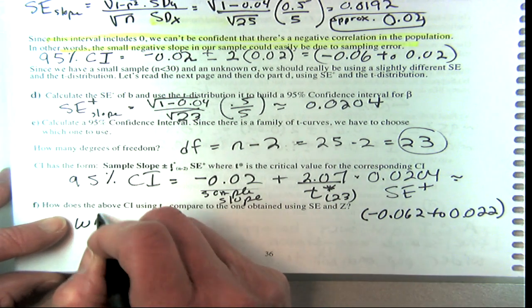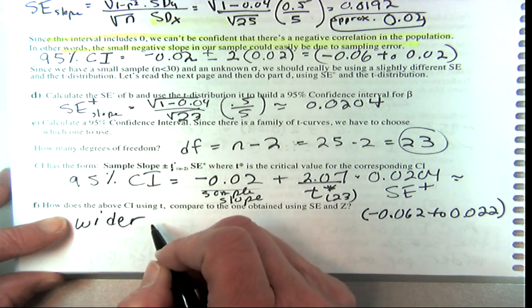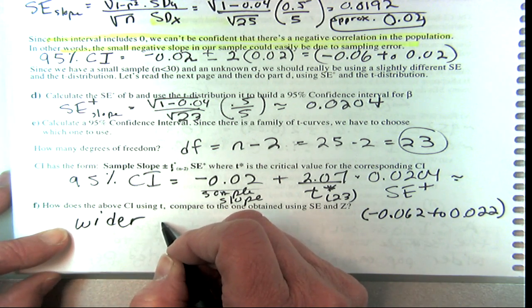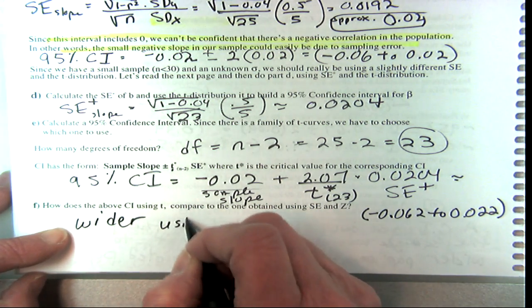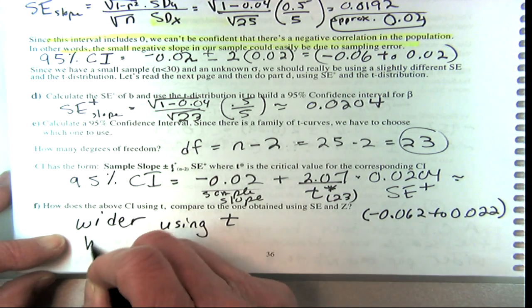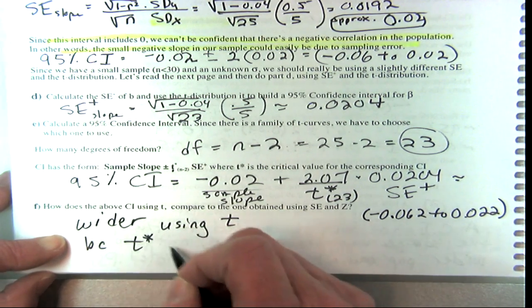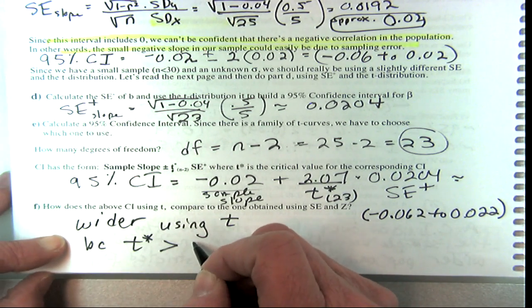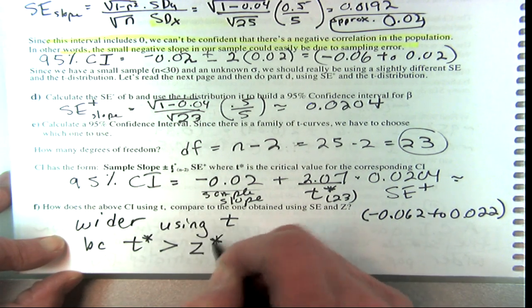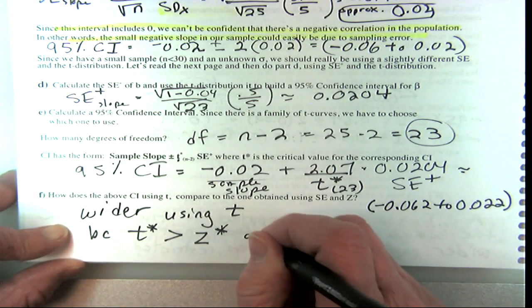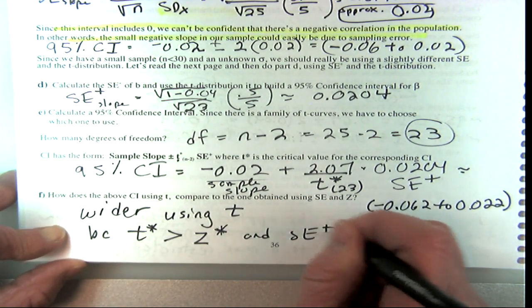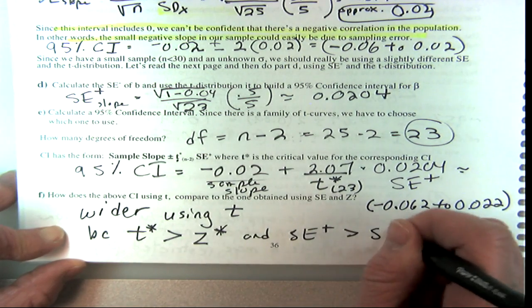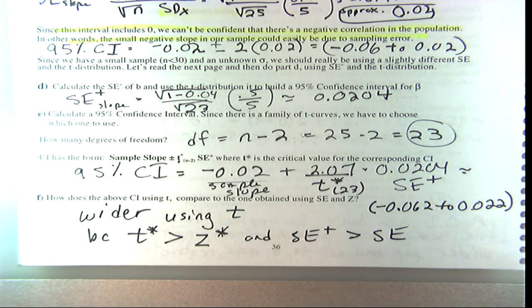It's wider. It's always wider using t, because t star is greater than z star. And also the standard error plus is greater than the standard error. You have more error, so you have a wider confidence interval.